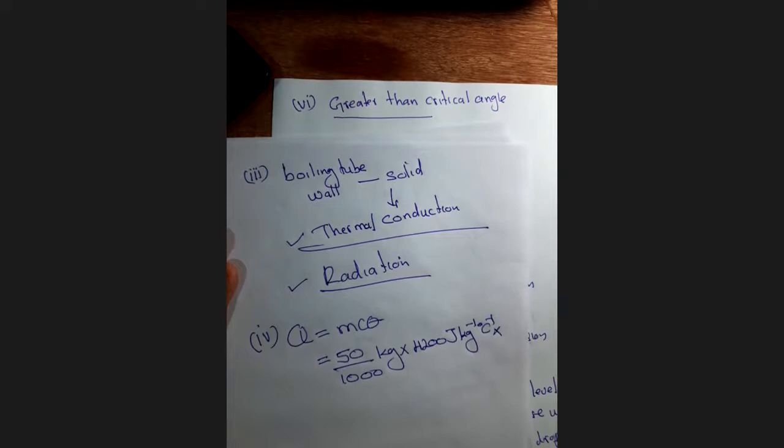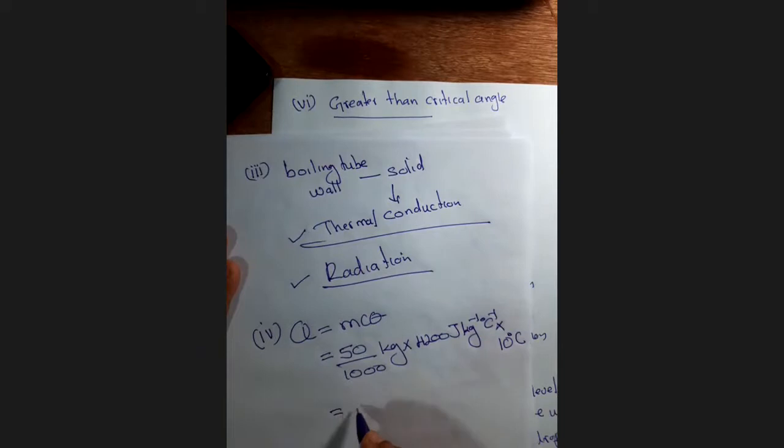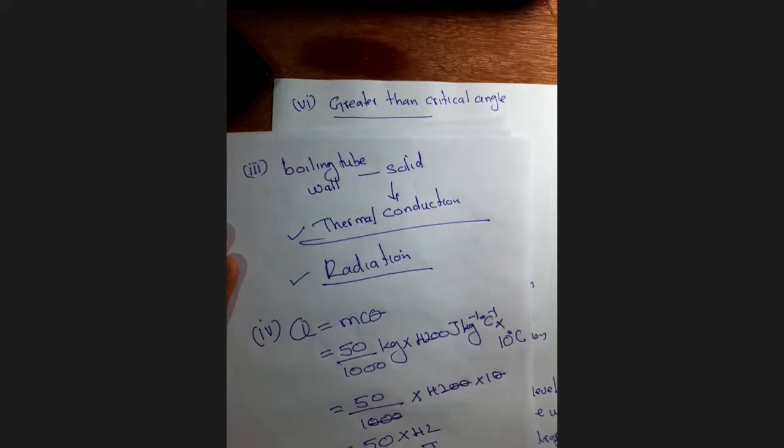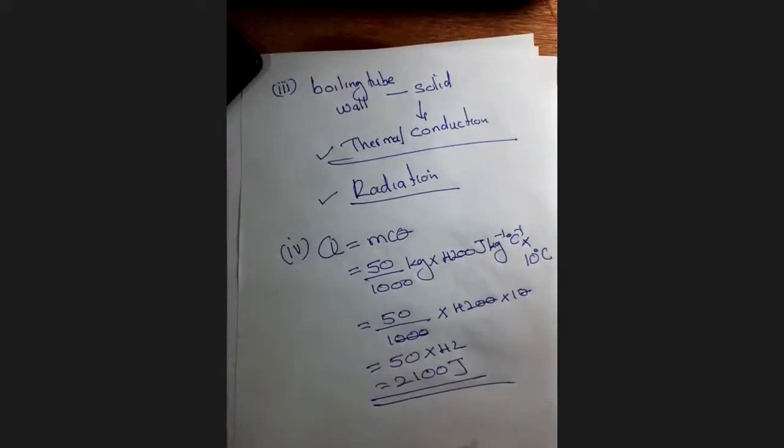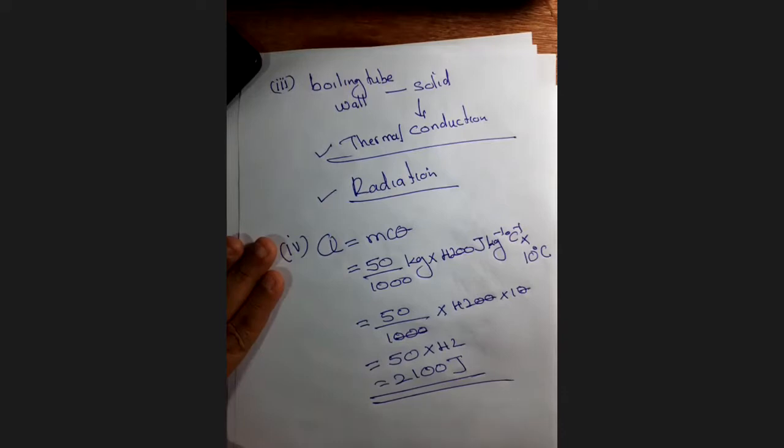If they had mentioned Kelvin, we would use Kelvin. So 50 over 1,000 into 4,200 into 10. The 3 zeros and 3 zeros can be cancelled. What remains is 50 into 42, which is 2,100 joules. 2,100 joule is going to be your final answer.